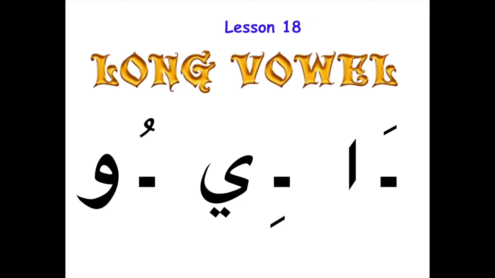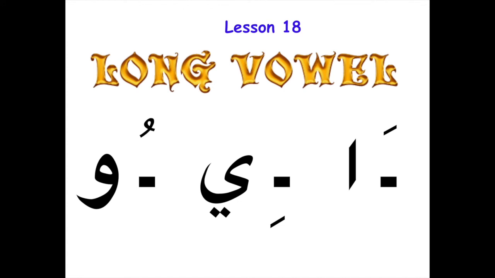Instead of i for kasra, with a ya added to it, it becomes e. And with a dhamma and a waw followed by it, it becomes oo. So short vowel a, long vowel a. Short vowel i becomes e if it's long, and short vowel dhamma u becomes oo if it's long.